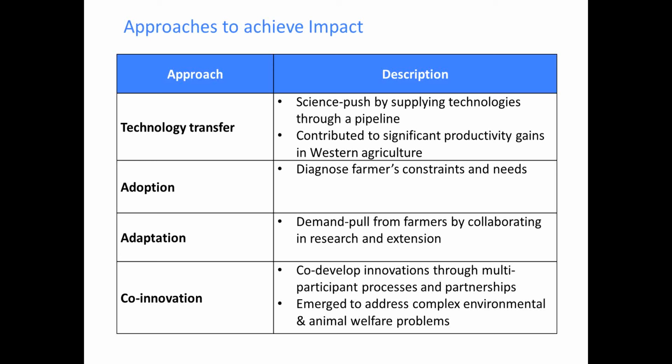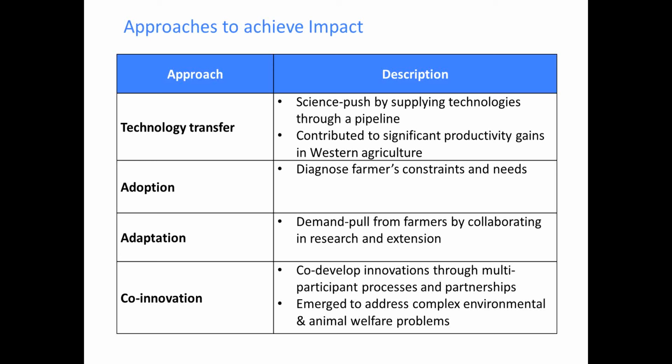Anyway, the other tool, the micro-irrigation, and those were things that science already had identified that would work in that situation, and they pushed it kind of along through the pipeline, through extension, onto the orchards and for use of farmers. And there's nothing wrong with that, and as it points out to this table as well, there's been significant productivity gains in Western agriculture by doing that sort of technology transfer.